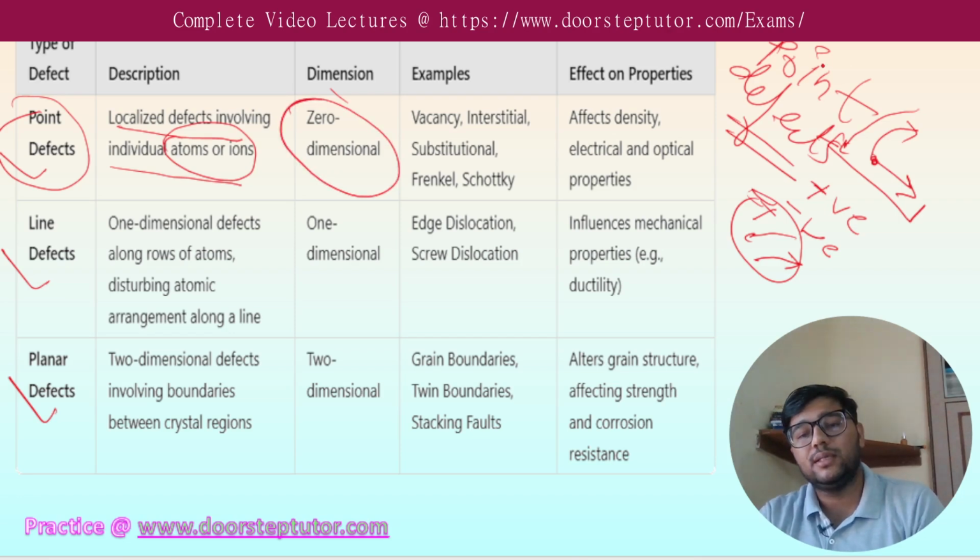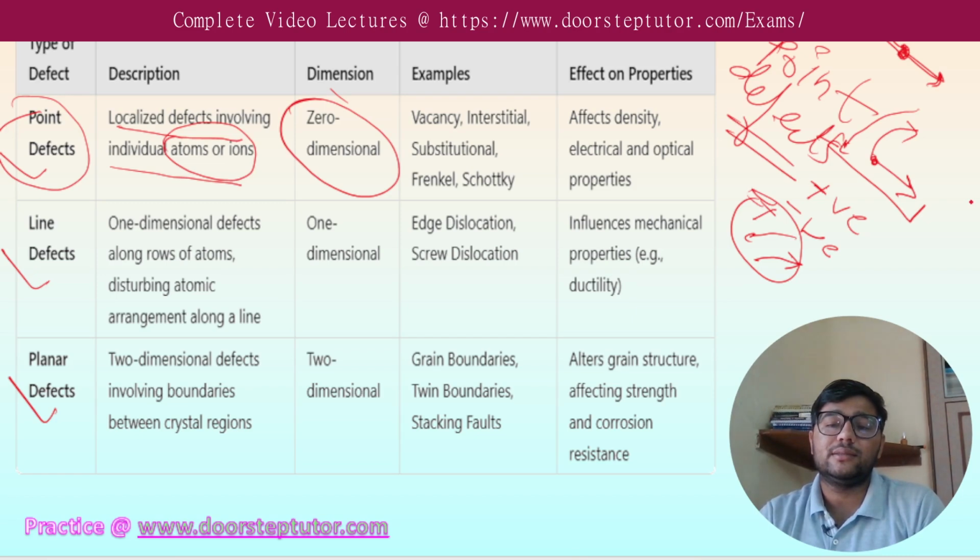0 means there is no continuity of the defect in this type of defect. In point defect there will be no continuity of defect. It will be localized at a single point or atom or ion. An example of this defect is vacancy. If any atom is removed from the structure, then it will create a vacancy.